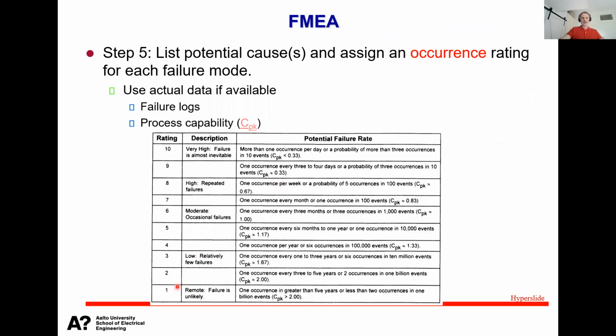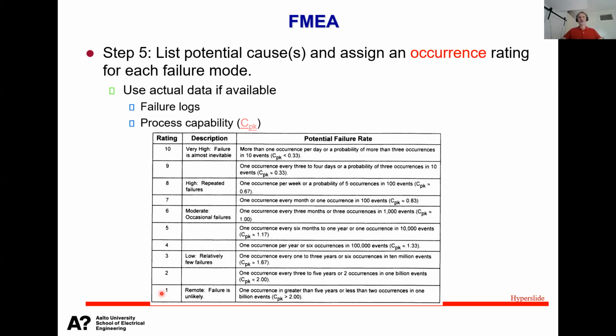So again, a number from 1 to 10, and the number 1 means that this specific mode is extremely rare. For example, 1 occurrence in more than 5 years, or 2 occurrences in 1 billion events.